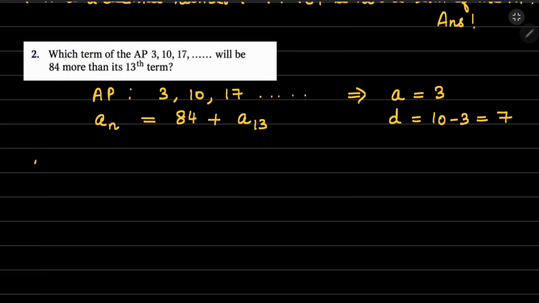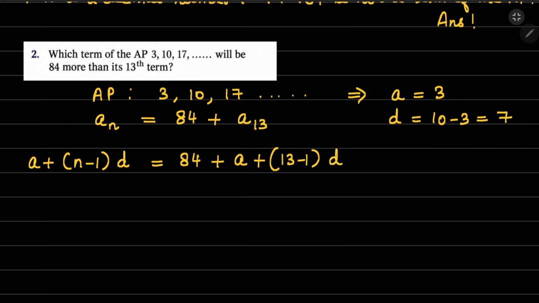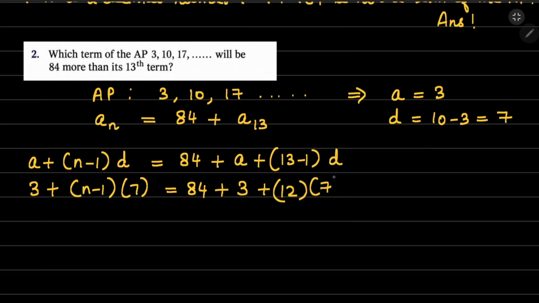So an formula is a plus n minus 1 into d is equal to 84 plus the 13th term formula, which will be again a plus, in place of n, I'll write 13 minus 1 into d. Now let's substitute a and d here. A is 3 plus n minus 1 into d is 7 is equal to 84 plus a is 3 plus 13 minus 1 is 12 into d is 7.